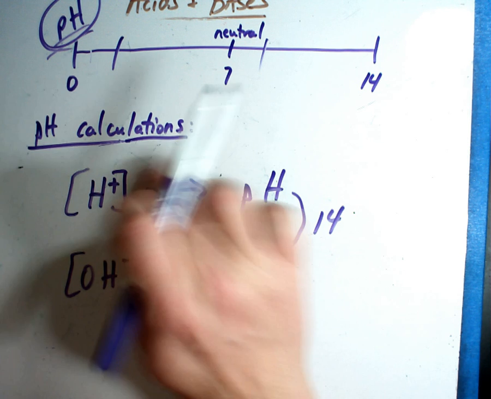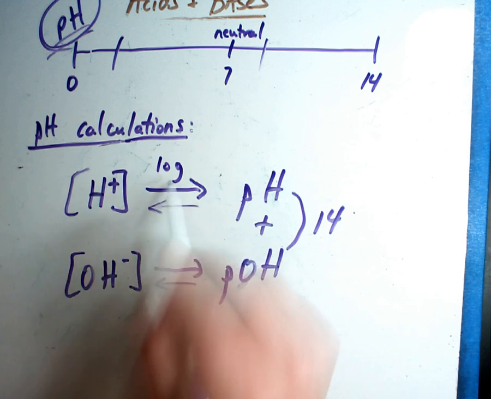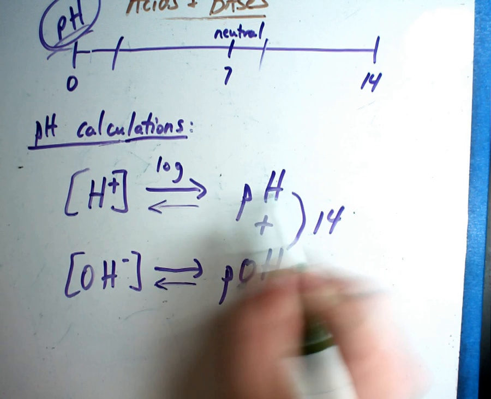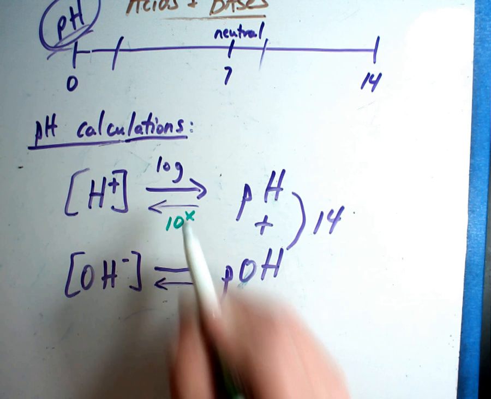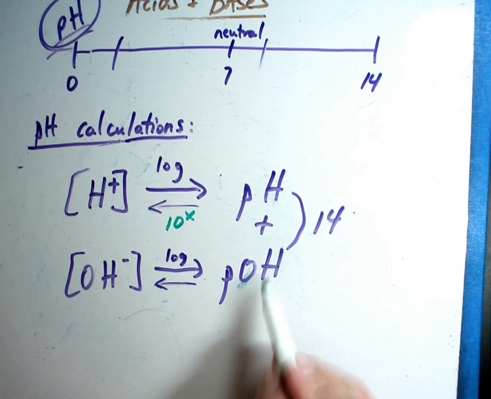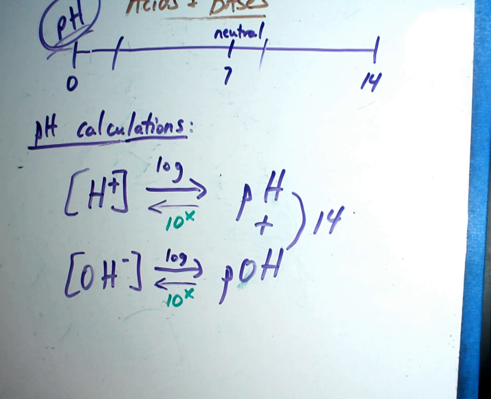If I'm going to go from here to here, I'm going to use the log button. If I'm going to go from here to here, I'm going to use the 10 to the x. If I'm going to go from here to here, it's the log button. If I'm going to go from here to here, it's the 10 to the x. That's how you can work every single formula.